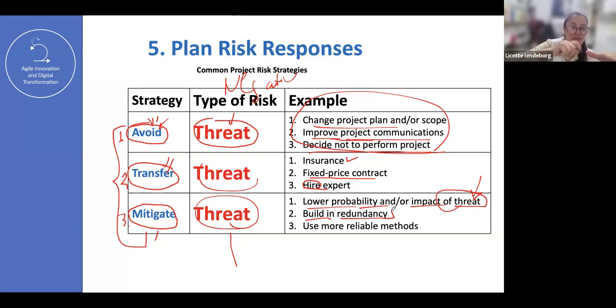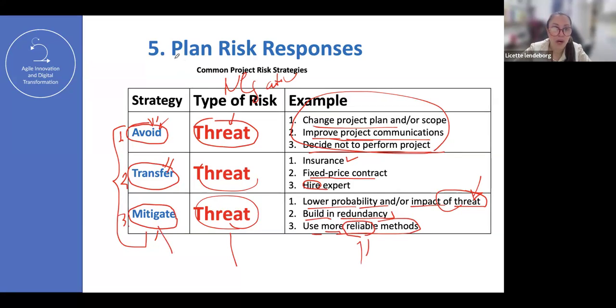Just in case you have a problem in one of those servers, immediately you have the redundancy plan in place, like a contingency. Or another mitigation could be to use more reliable methodologies. Let me just make sure, let me mitigate just in case. Let me put in something with more quality, more reliable equipment. So what is this, Lisette?